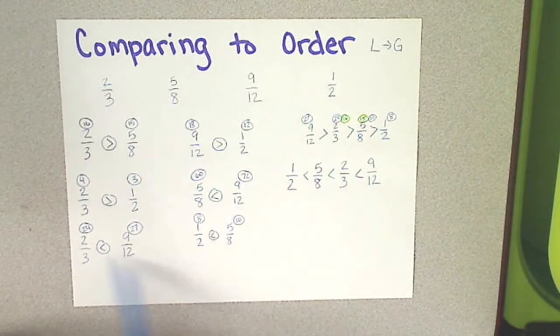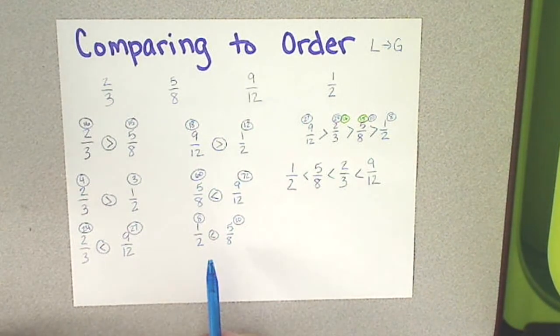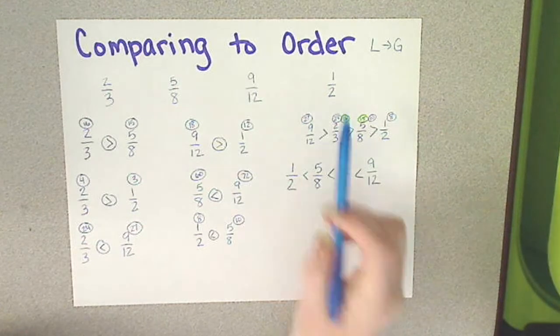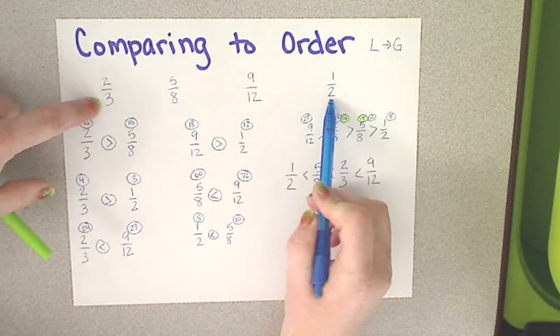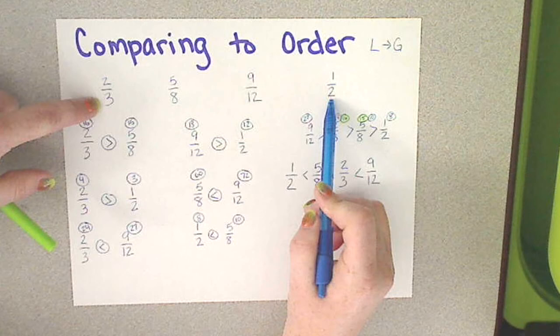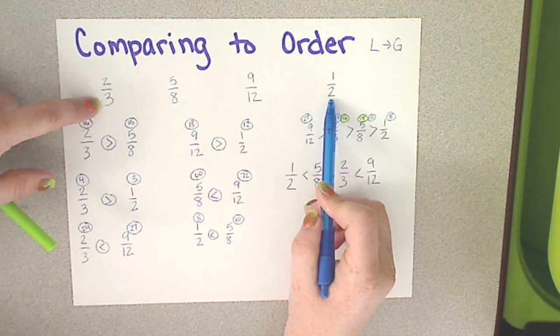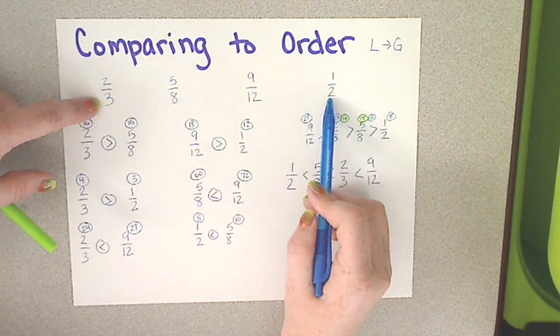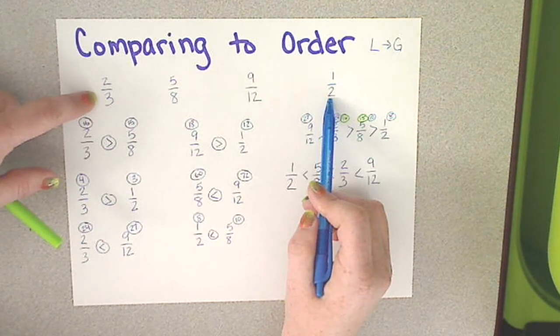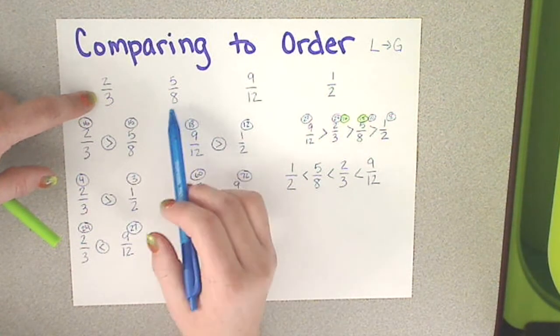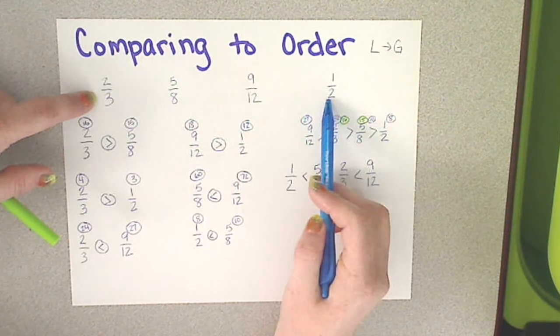Now, you may have to do some more comparisons than this, but you also might be able to say, well, I know that 1/2 is less than 2/3 because it's a standard comparison fraction. So I would know that this would have to come before that anyways. And I know that 4/8 is half, so 5/8 is going to be bigger than that.